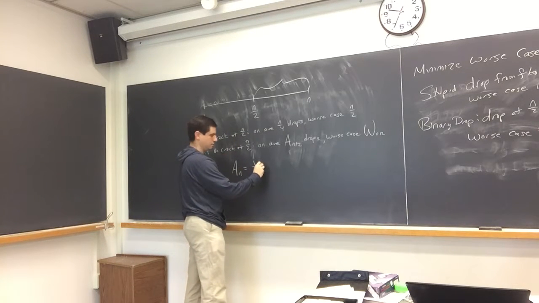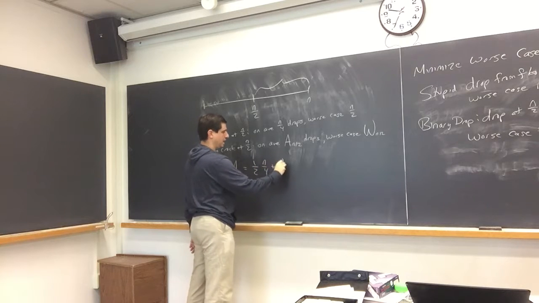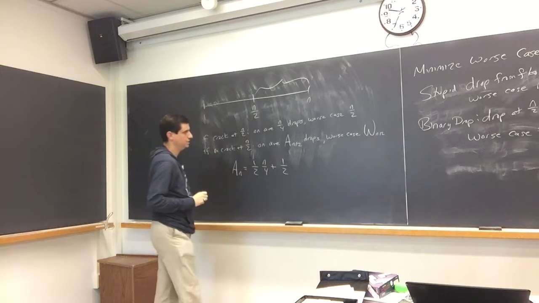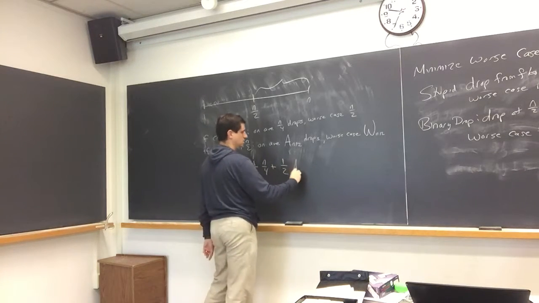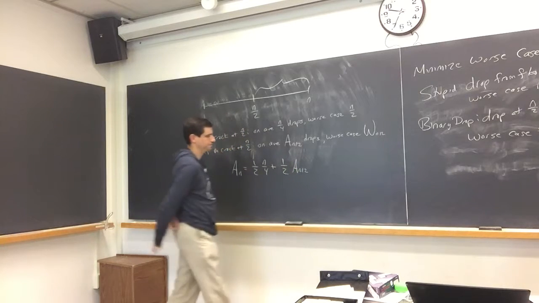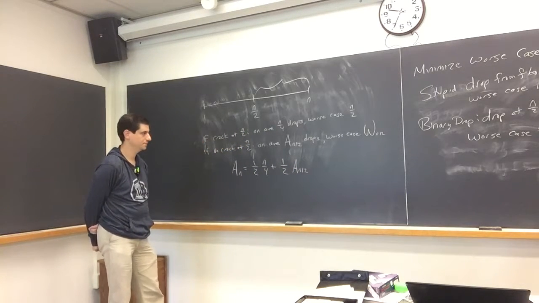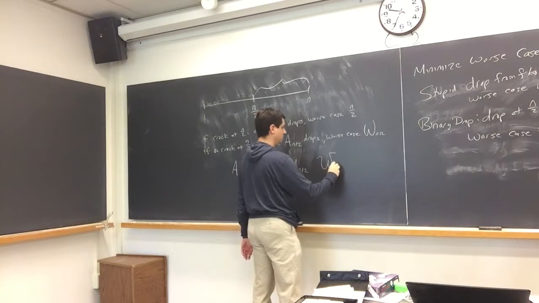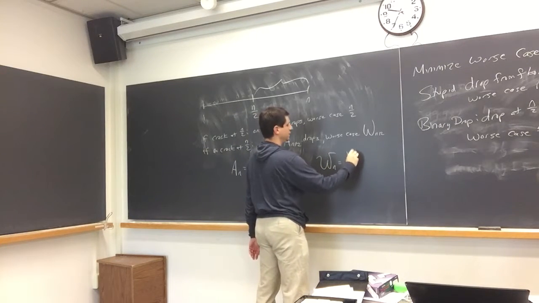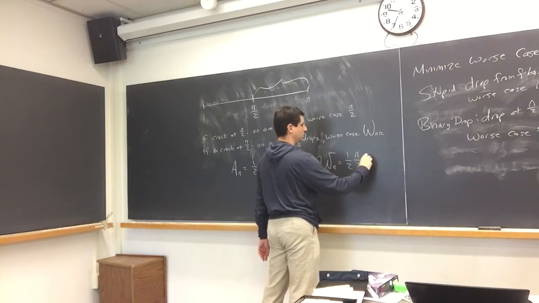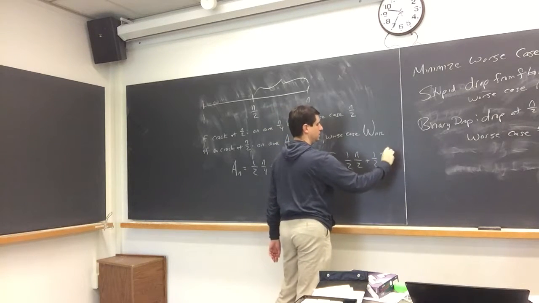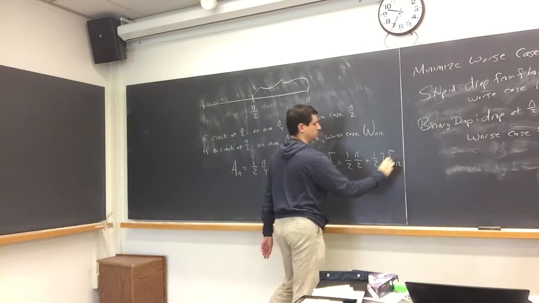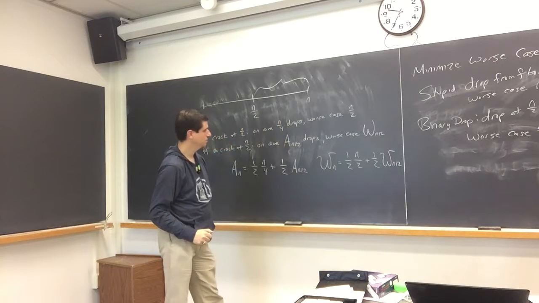And then half the time, it's going to be A of n over 2. And then the worst case of n is half the time it's going to be n over 2, and half the time it's going to be... Well, wouldn't it just be the greater number of both of those?